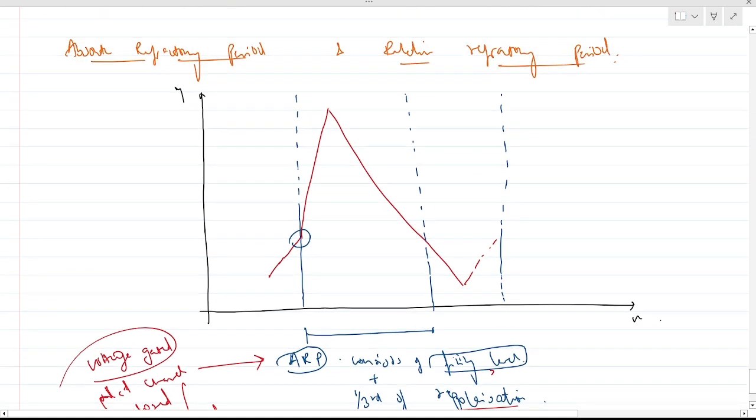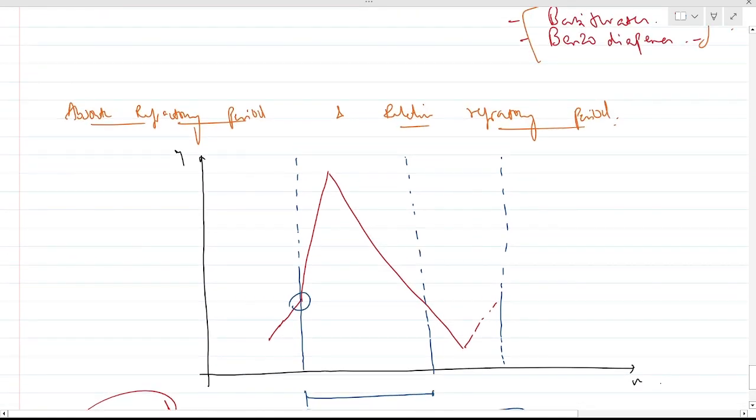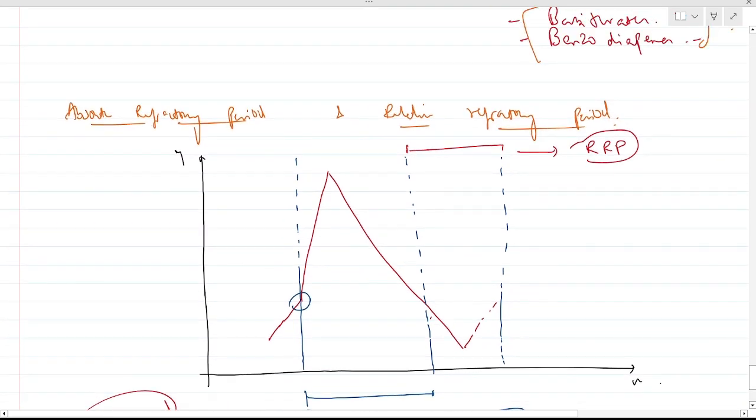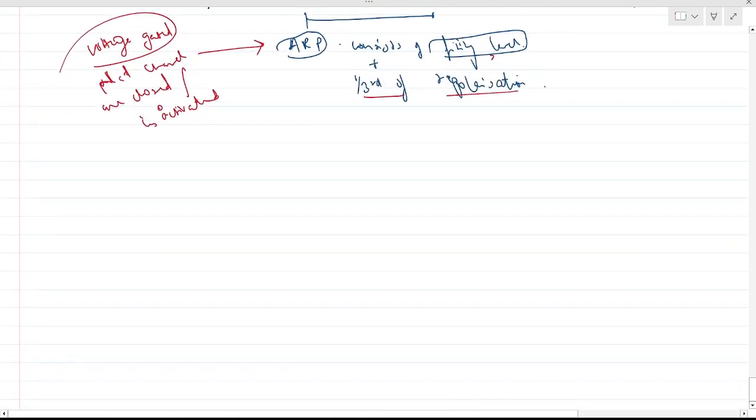Okay, now this part is our relative refractory period. This part of the graph, some part of repolarization along with the end of the action potential. So we're going to write this relative refractory period.